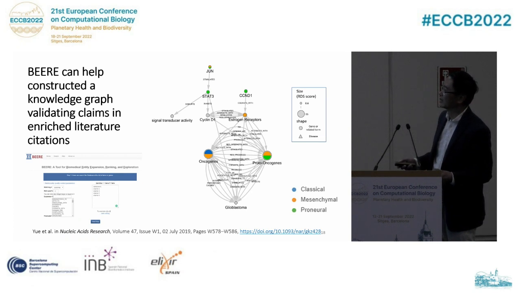You just enter the gene list along with some terms, and then you can build a knowledge graph that not only involves genes, but also the directionality of the citation, and each edge is a significant citation. And also there are terms that are actually gene ontology terms, and so on.